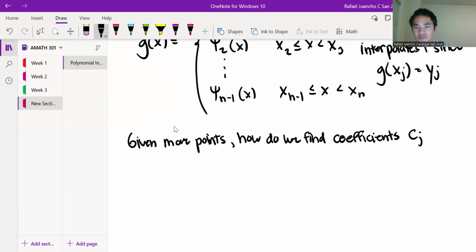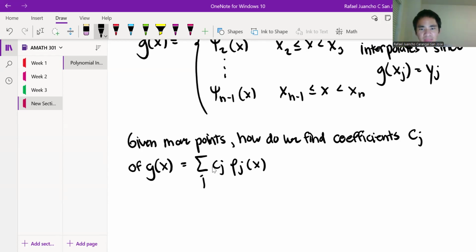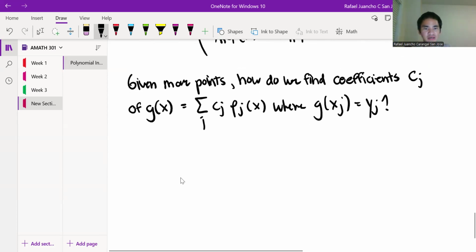We're going to do c sub j in this case of my g of x. So my function approximation, this is a summation of my cj rho j x, where it will give me some output, right?